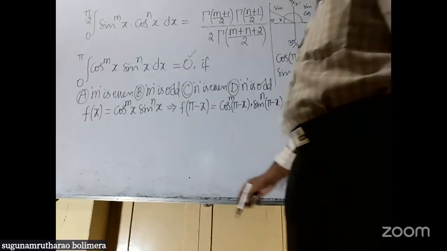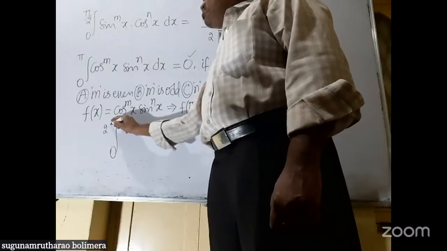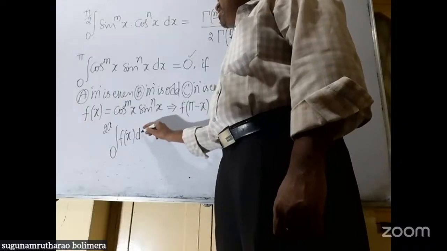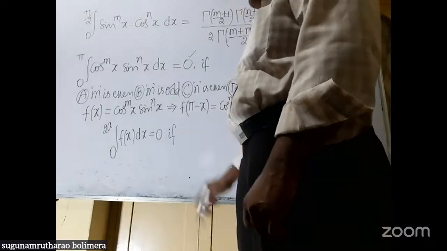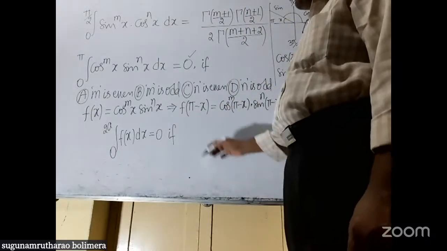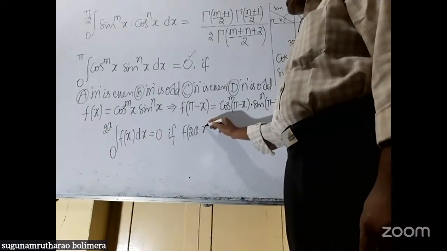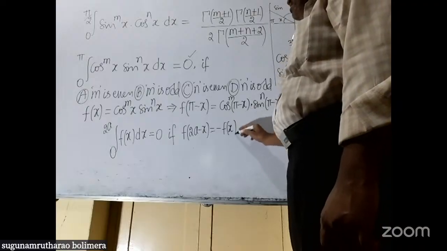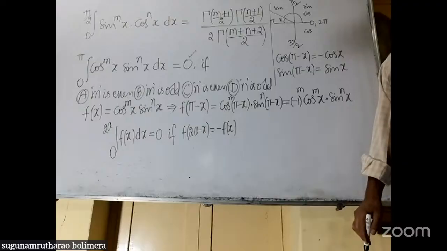So when this will be 0, integral 0 to 2a f of x dx equals 0 if f of 2a minus x equals minus f of x. That was a formula which we have written yesterday.